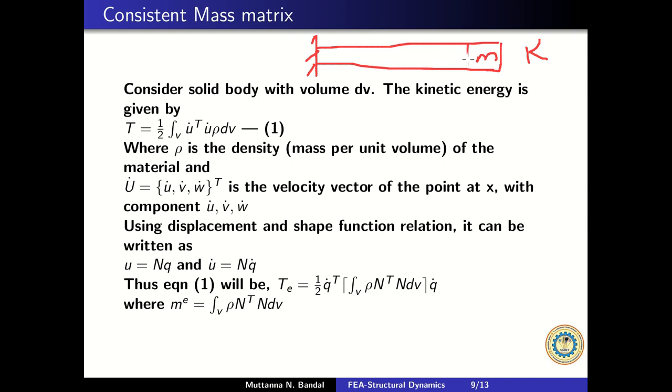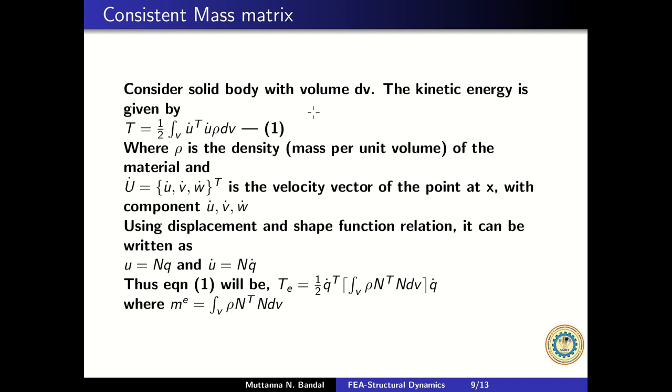So we cannot say this is one mass and this is another mass. Such structures wherein the mass is distributed over the structure, we call a distributed mass structure. For that we have to define what is called a consistent mass matrix.